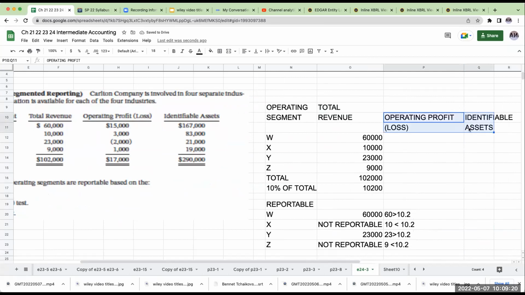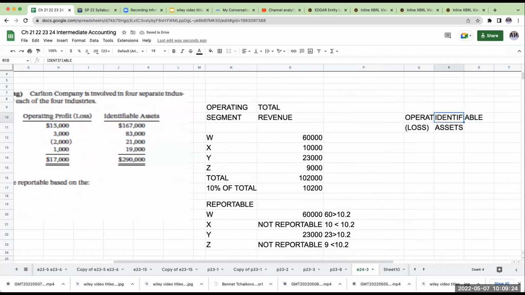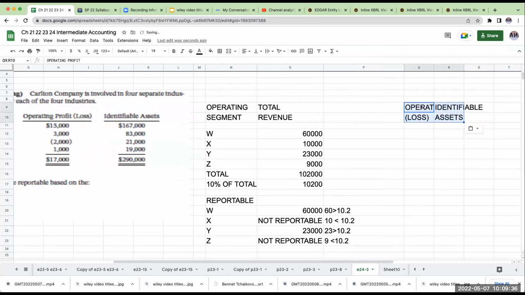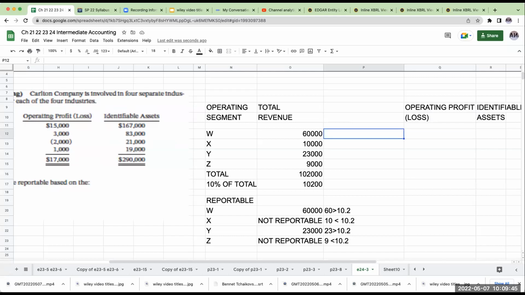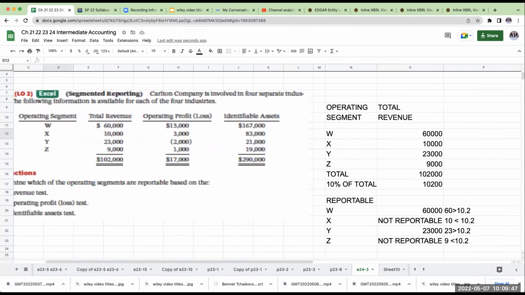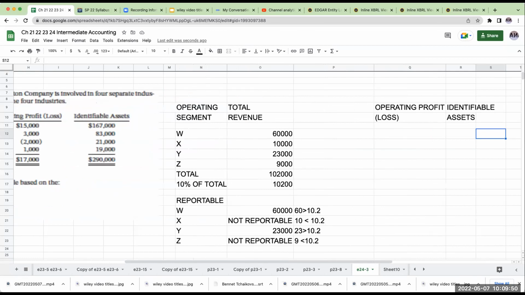Now, if we come over here to the next one, which is operating profit or loss. When it comes to operating profit or loss, the test is going to be a little bit funky. In the calculation of the 10%, we're going to exclude anyone that had a negative amount. So for W, they had a profit of 15,000.